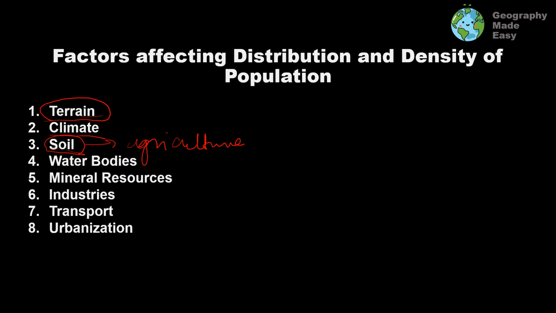The next three factors which we will be talking about, which are mineral resources, industries and transport network, are more or less associated not with agrarian societies but more with industrial societies, where there are rich minerals. Sometimes people tend to agglomerate in those areas and form settlements there.